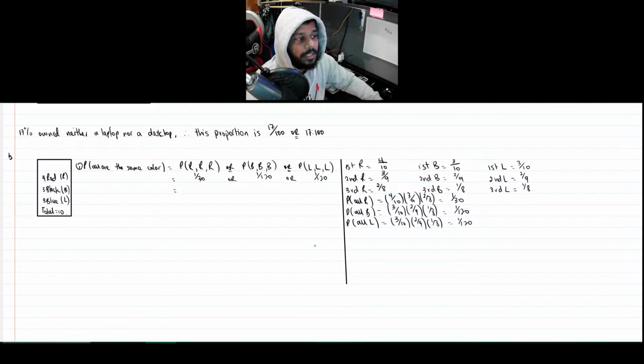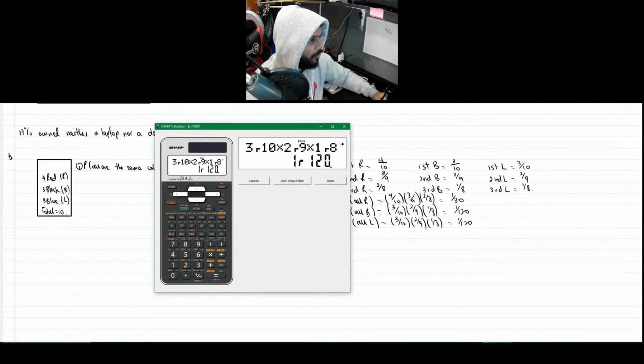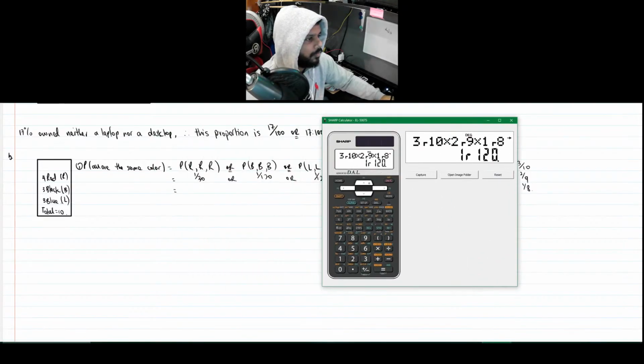So the probability that all are the same color, when you combine all three of them, we have to add them. So 1 over 30 plus 1 over 120 plus 1 over 120 is 1 over 20.